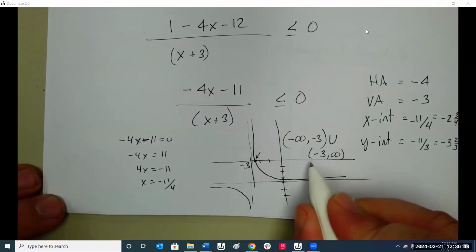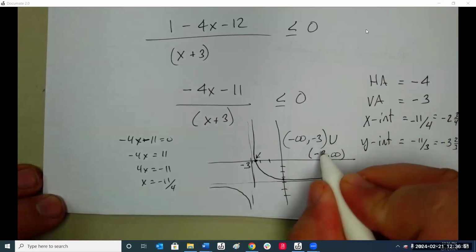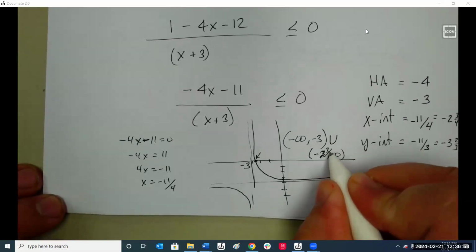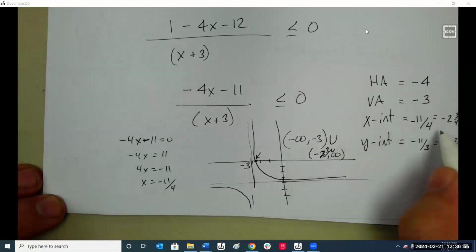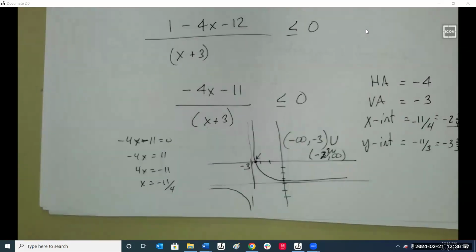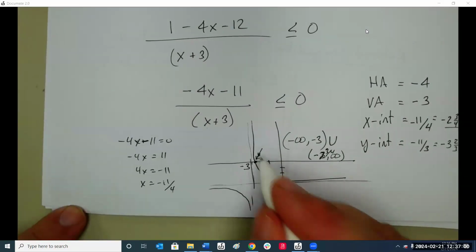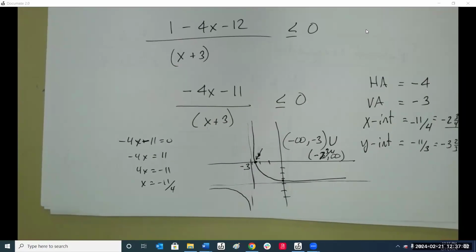It's the x-intercept, negative 2 3/4 to infinity, because it's where that intercept is. It's the same process, so we have to treat it in 2 steps. You have to first graph the function, say it equals 0 and graph it, and then look whether it's above or below the x-axis. That's all you're looking for.